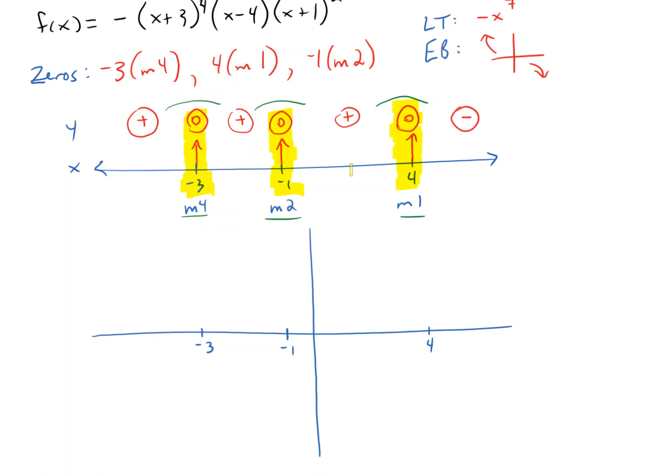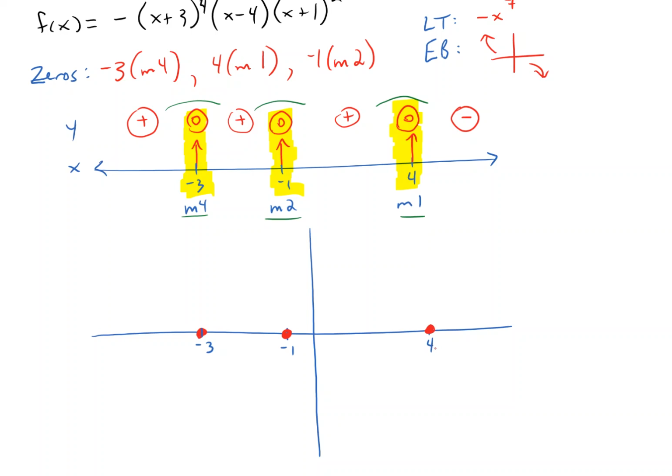Go ahead and see if you can graph what that means, and then come back and check your answers. What you should have gotten is the points -3, 0, -1, 0, and 4, 0. You should get x-intercepts there. Maybe I said -4, 0. I meant +4, 0. Okay? So you get those 3 points.